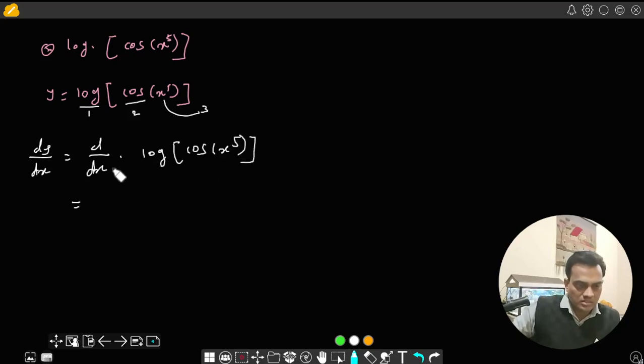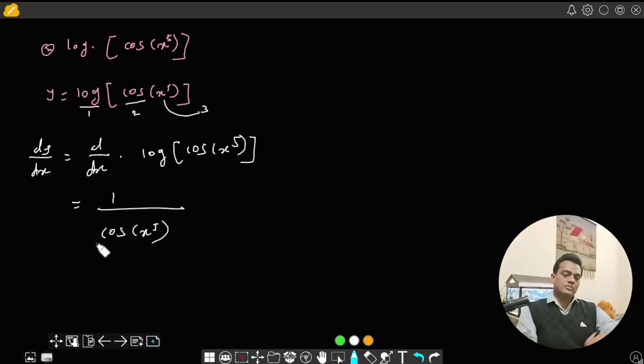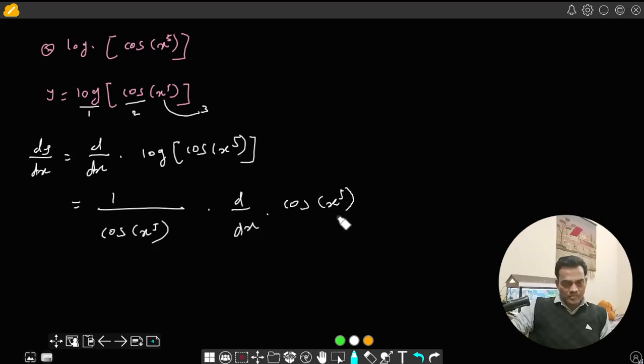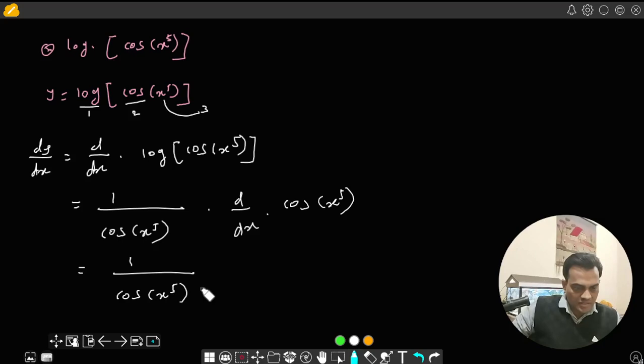Then the derivative of this log is 1 upon cos of x raised to 5. Okay, so the derivative of this log function is done, and then we have to find out the derivative of the second function, that is the cos function. Then it is equal to 1 upon cos of x raised to 5.